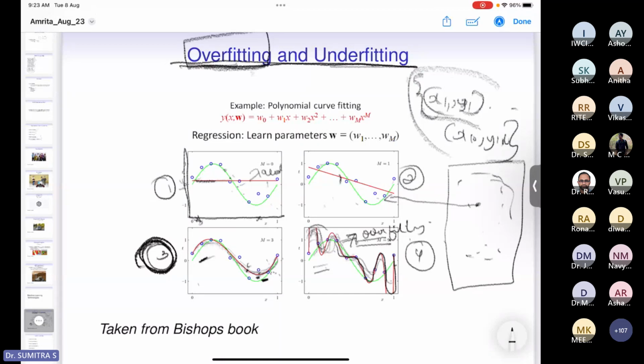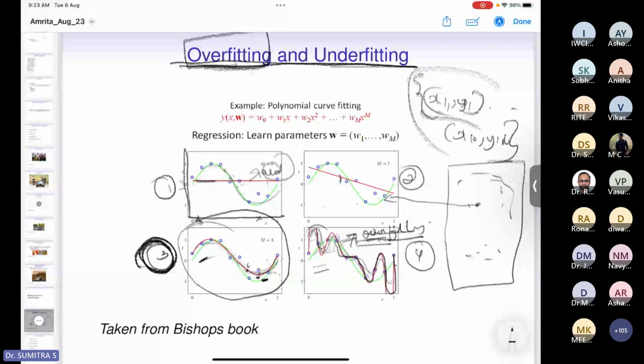That is, this model's performance is poor not only on the given data, but also on the data points which it has not seen. So this is an underfitted model. This we can consider as an underfitted model, and this we consider as an overfitting model. And this is the one which is approximately equal to the true one.